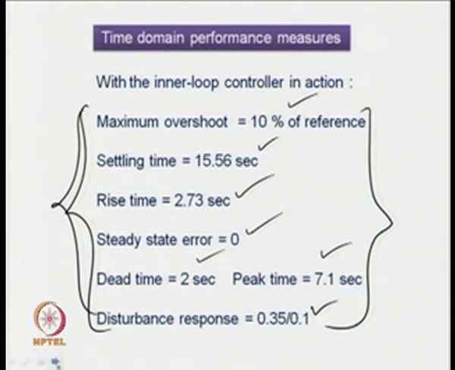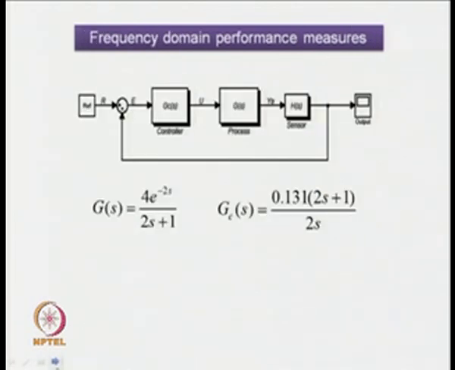Now, let us see what we have in our frequency domain performance measures. To study frequency domain performance measures, let us assume the input to be a simple input given as sin t, which has a magnitude of 1 and angular frequency of 1 radian per second.